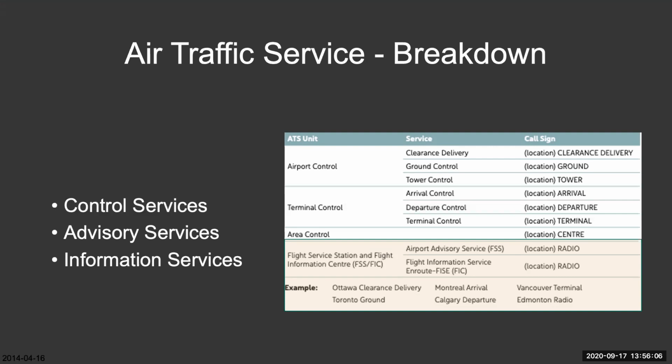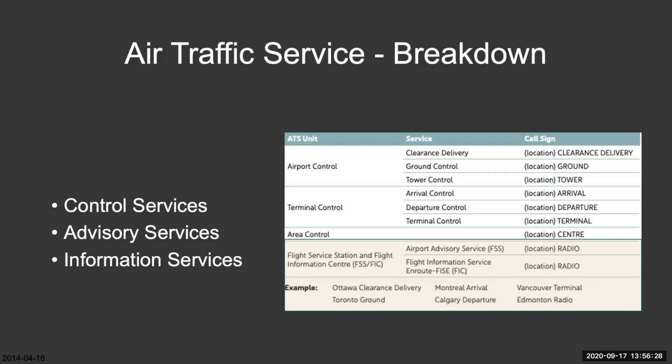The level of service provided depends on the airspace class and the air traffic service unit. Now, if you have any confusion about airspace class, then I'd suggest you head over to the airspace lecture now. An air traffic control unit may provide air traffic control service.